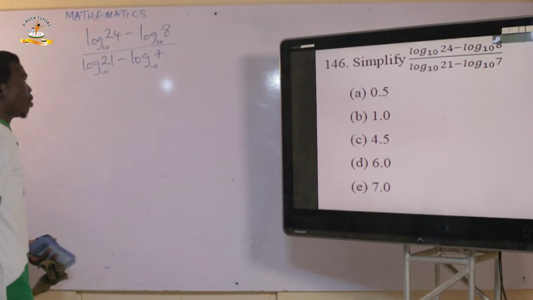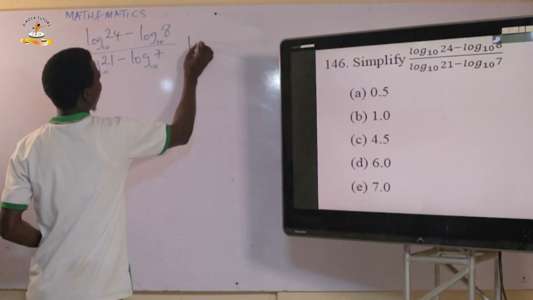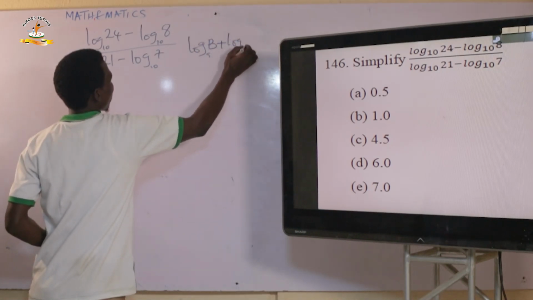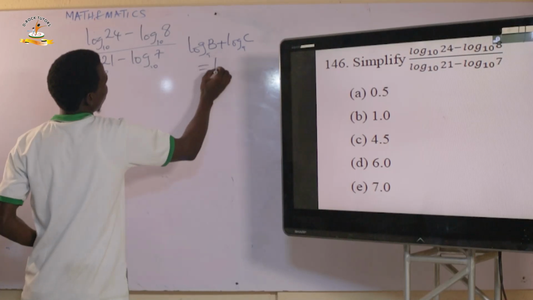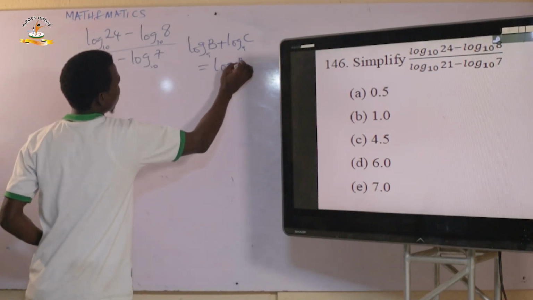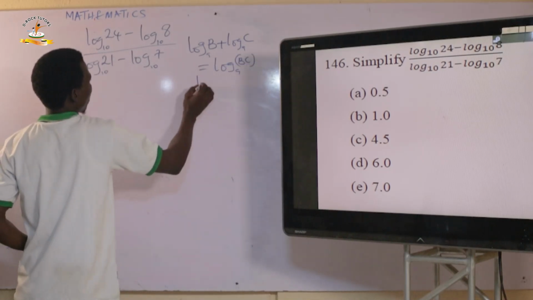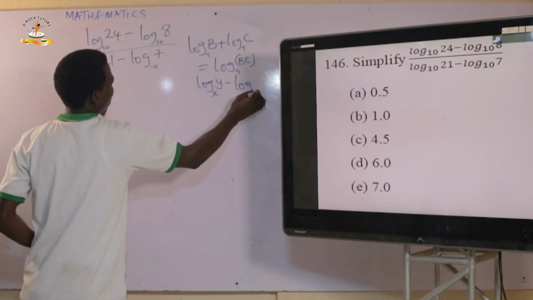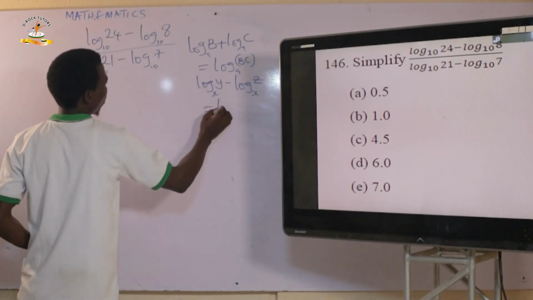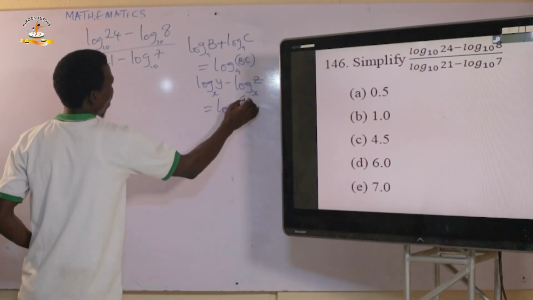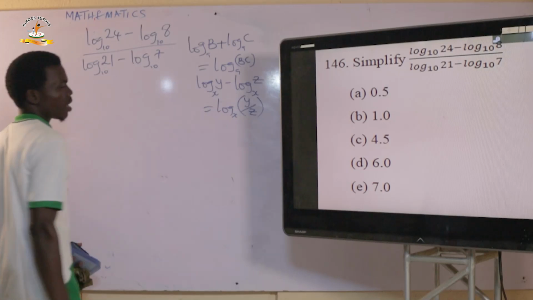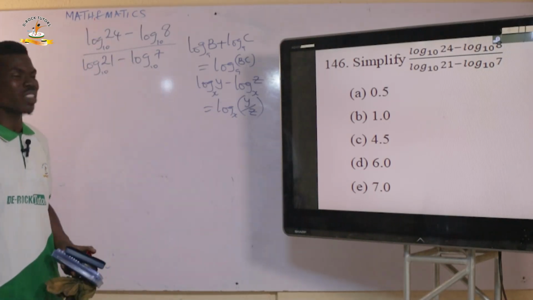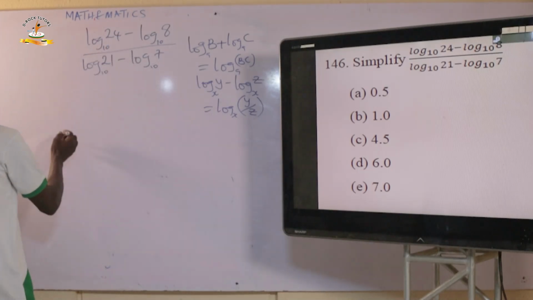Remember our laws of logarithm. Log A B plus log A C is going to be what? Log A B C, multiplied by themselves, and as well log X Y minus log X Z is going to be what? Log X into Y divided by Z. Apparently, every subtraction becomes division. Every addition becomes multiplication. And that is what we're going to do here.